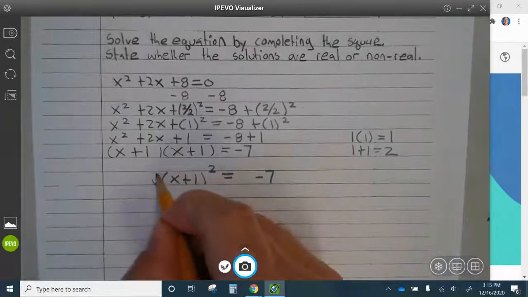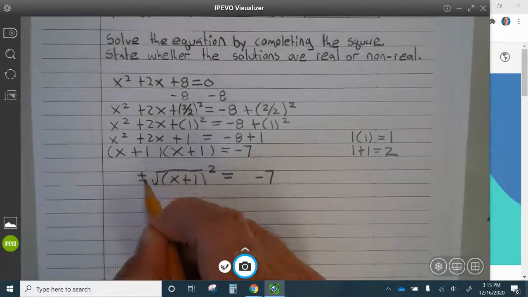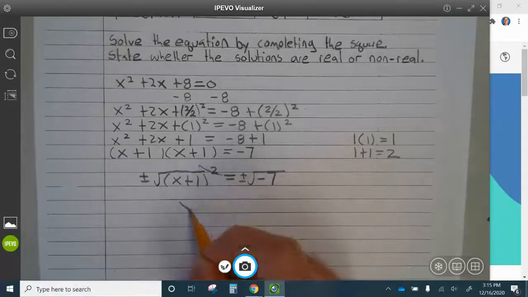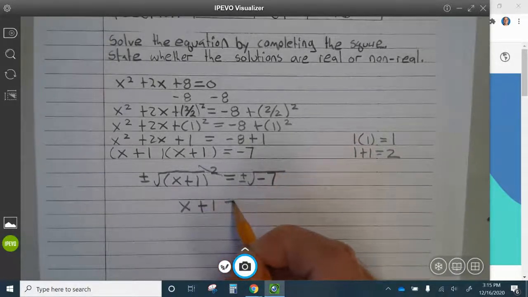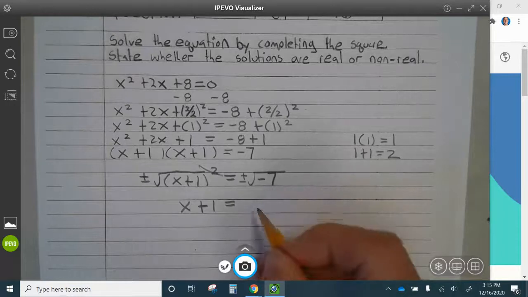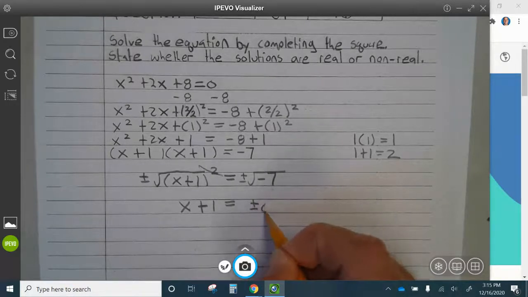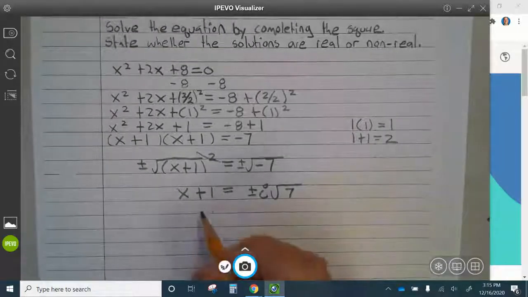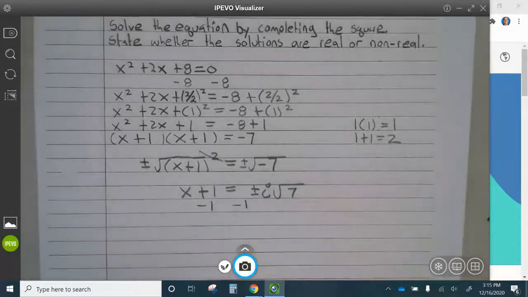Okay, take the square root of both sides, plus or minus. So then that cancels, you're left with x plus 1 equals, now the square root of a negative number is i, so that's plus or minus i square root of 7. Subtract 1 from both sides.